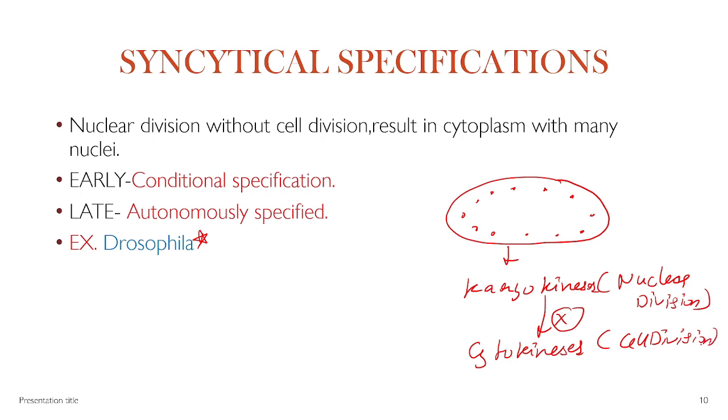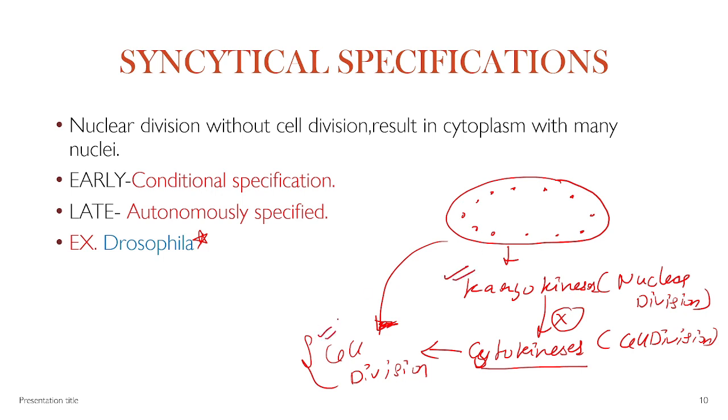This cell undergoes cell division but after a very long period. After several karyokinesis, then we can see a cell division. So nuclear division without cell division results in cytoplasm with many nuclei, because it is only undergoing karyokinesis and karyokinesis is not followed by cytokinesis.